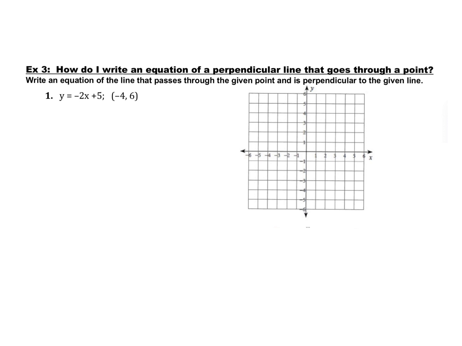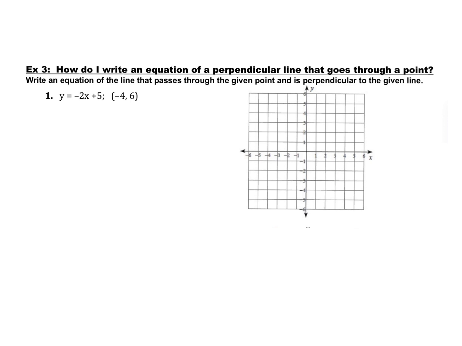So example number 3, how do I write an equation of a perpendicular line that goes through a point? So we're given the line y is equal to negative 2x plus 5, and then we're given a point, negative 4, 6. So what we want is an equation that is going to be perpendicular to this given line and that is going to go through this particular point.